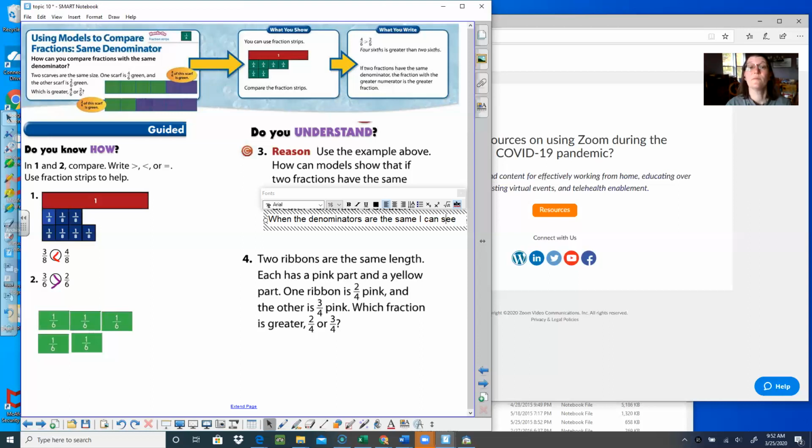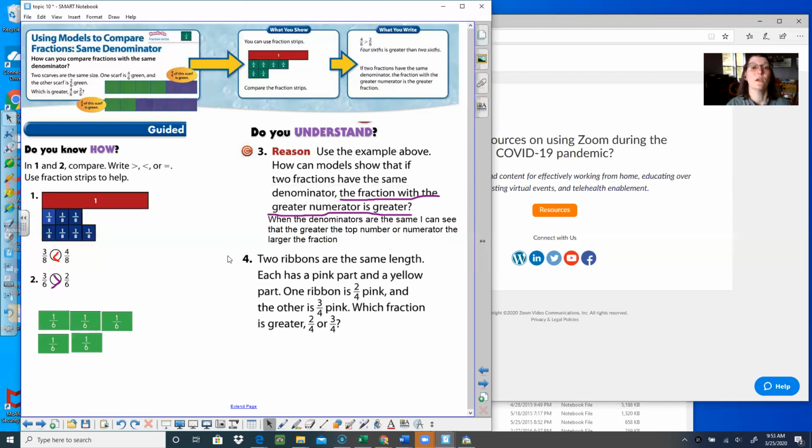I can see that the greater top number, or the fancy word numerator. Here comes my bad spelling. Numerator. Okay, when the denominators are the same, I can see that the greater the top number or numerator, the larger the fraction.